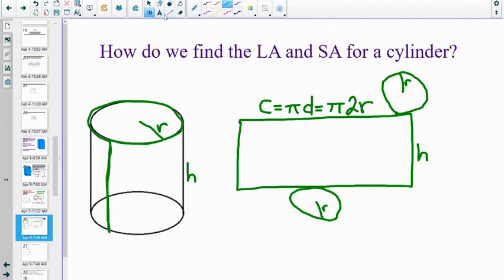Now, because it always looks the same, because we have formulas for these, I'm actually going to put the formula, and I think I'm going to switch over to my text tool so I can do this a little bit more legibly. My lateral area is equal to, well, that's the area of that rectangle.